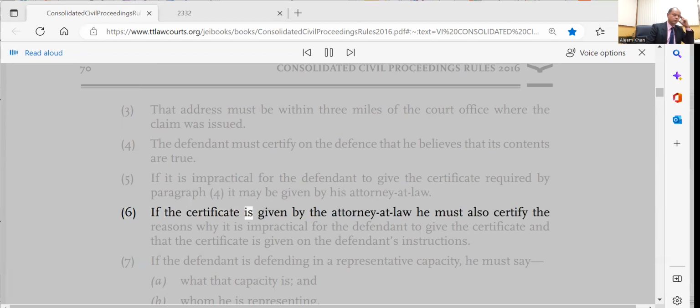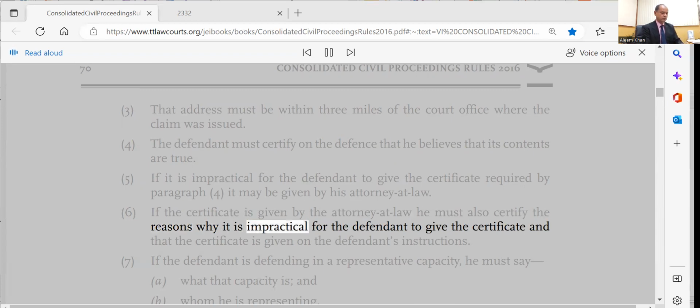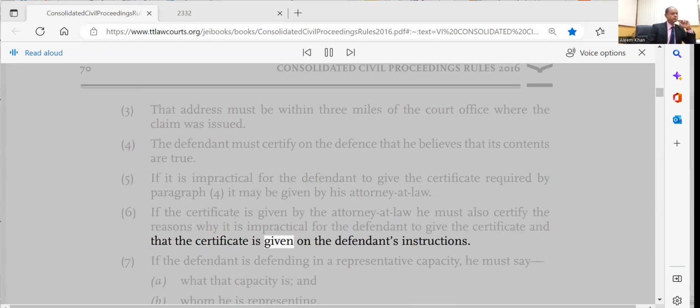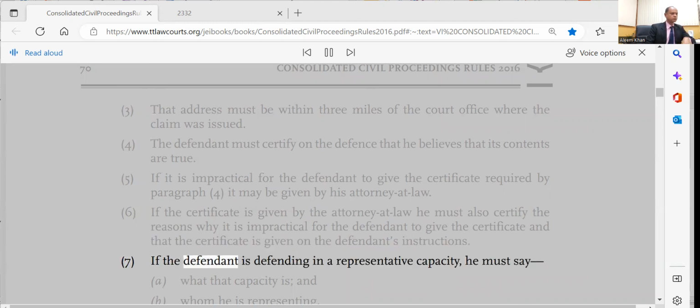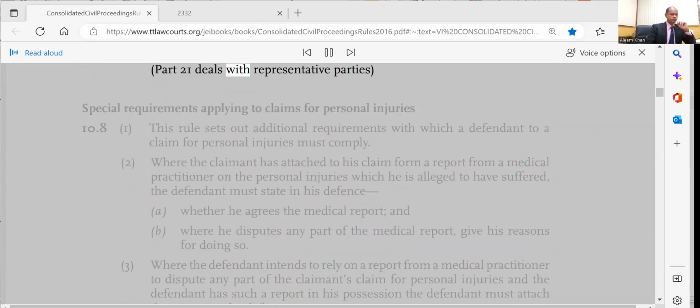If the certificate is given by the attorney at law, he must also certify the reasons why it is impractical for the defendant to give the certificate and that the certificate is given on the defendant's instructions. 7. If the defendant is defending in a representative capacity, he must say, a. what that capacity is, and b. whom he is representing. Part 21 deals with representative parties.